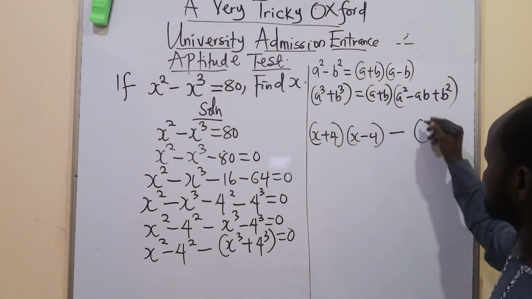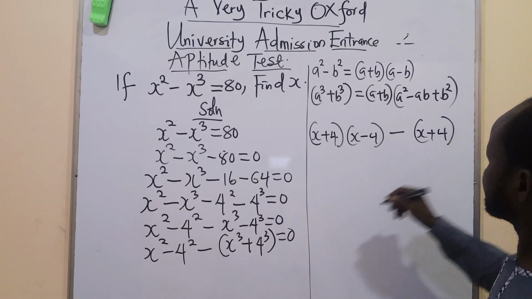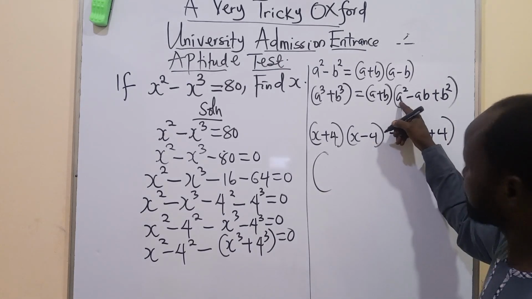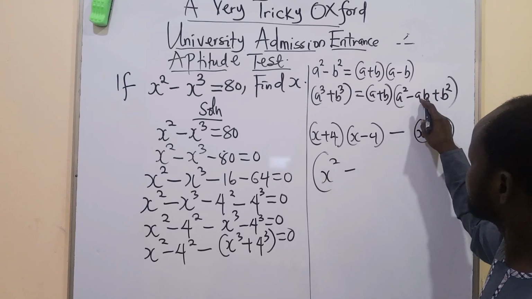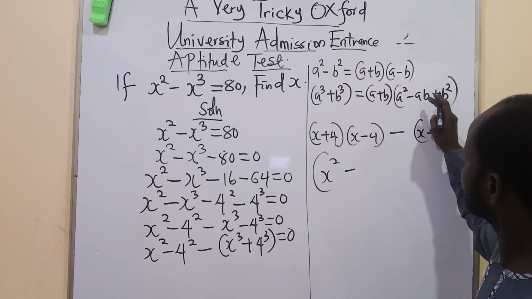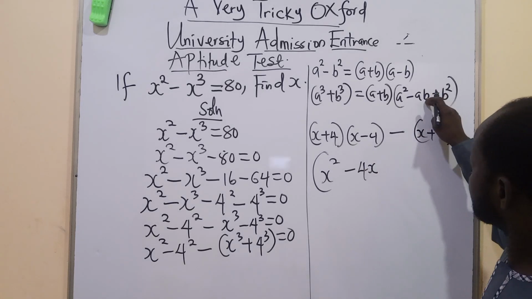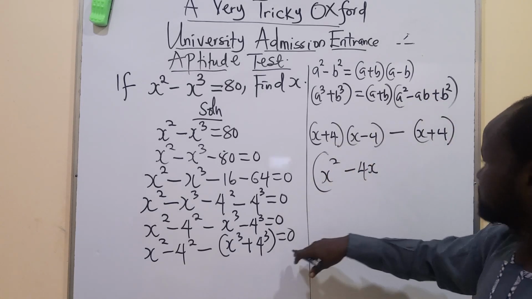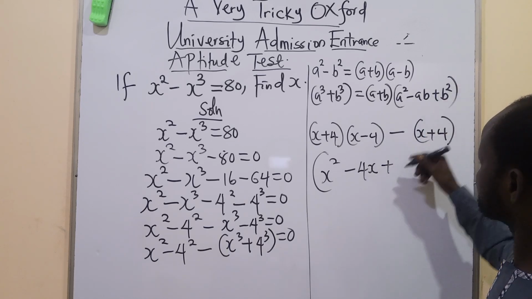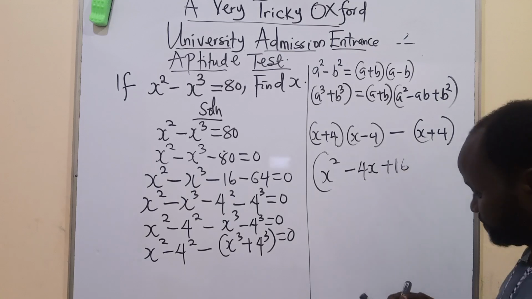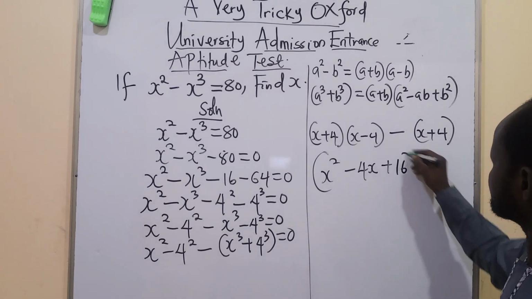This will be x plus 4 in bracket, then another bracket. A now is x, that will be x squared minus a times b, which is 4 times x, that will be 4x, plus b squared now. 4 squared is what? 16. So we have 16 here. Okay, so this is what we have.